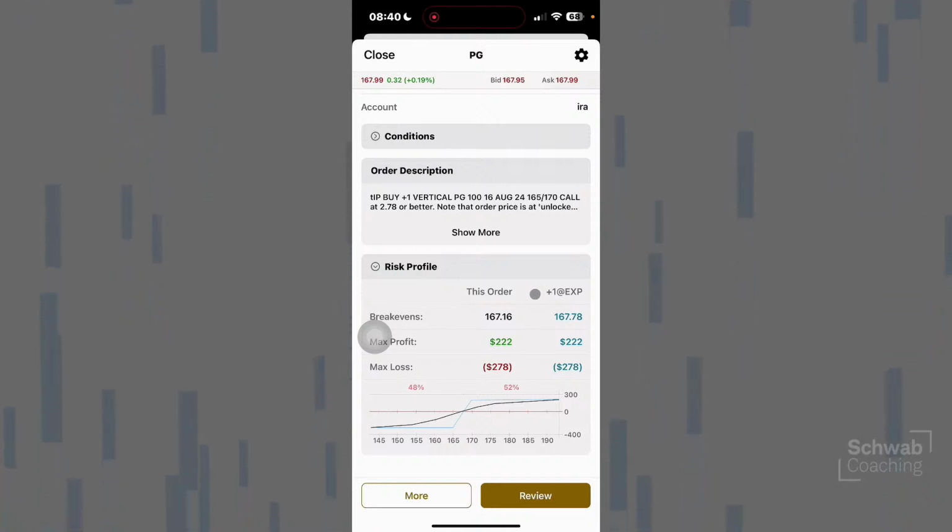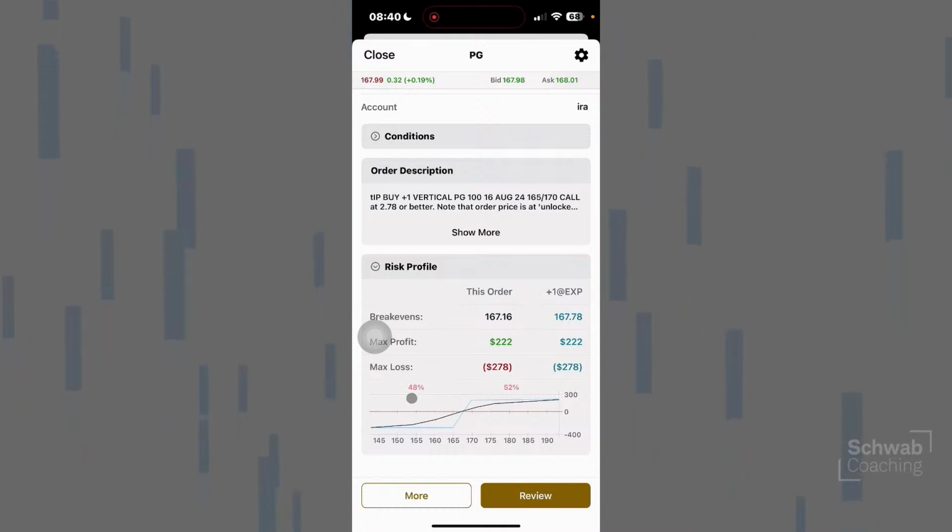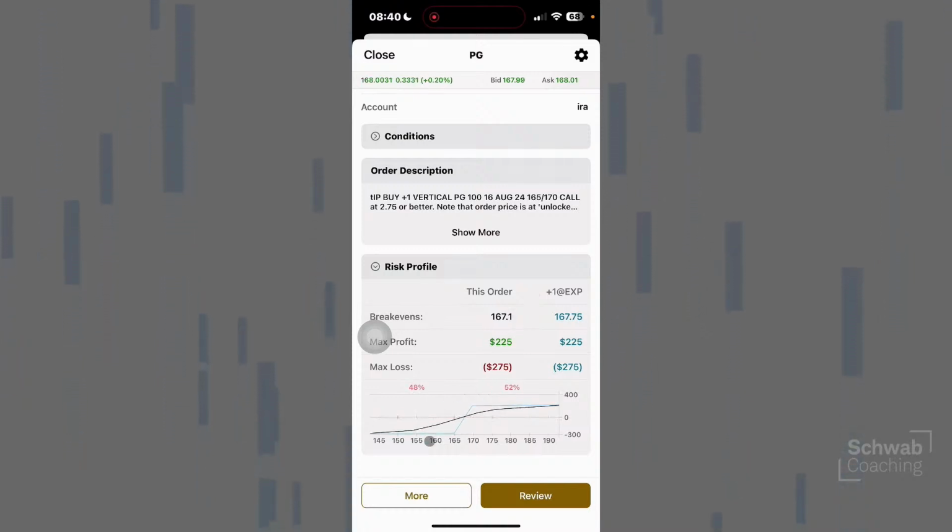And then +1, where does it need to be at expiration? We can also see the probabilities and so on, and the risk profile diagram. Kind of cool, okay? Remember what we said on the first session. Your phone is not just for looking at Facebook and TikTok, okay? It's a tool.